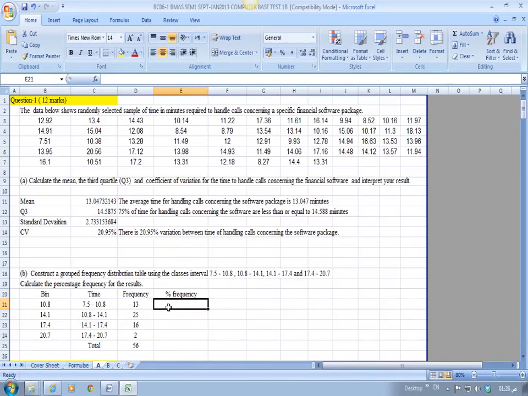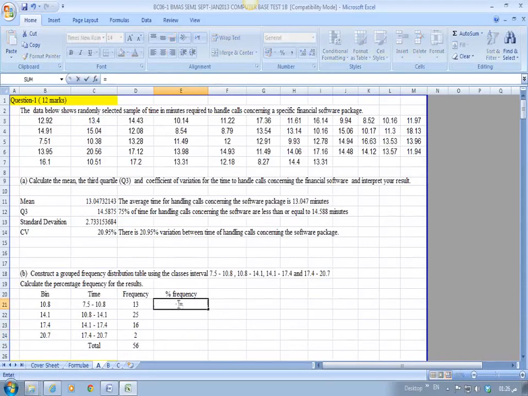In order to calculate the percent frequency, we divide the frequency, which is 13, by 56, and then 25 by 56, 16 by 56, 2 by 56. So it means that we divide each frequency by the total, and the total is not changing, it is fixed.